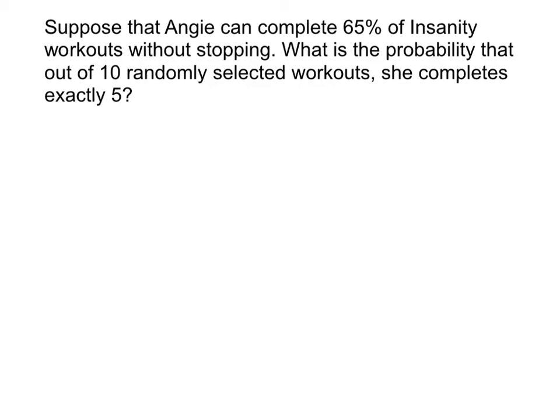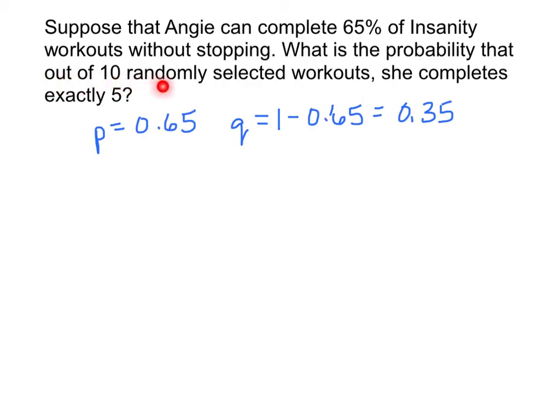But 65%, so in this case, my probability of success is going to be 0.65, and then my probability of failure would be 1 minus 0.65, and that'll be 0.35. So I have a 35% chance of stopping during a randomly selected workout. In this problem, we're looking at 10 randomly selected workouts, so my N is going to be equal to 10.